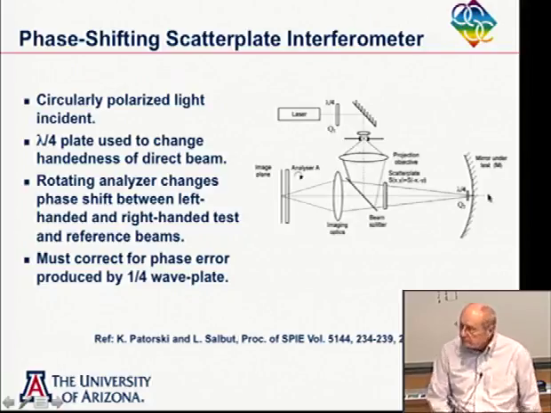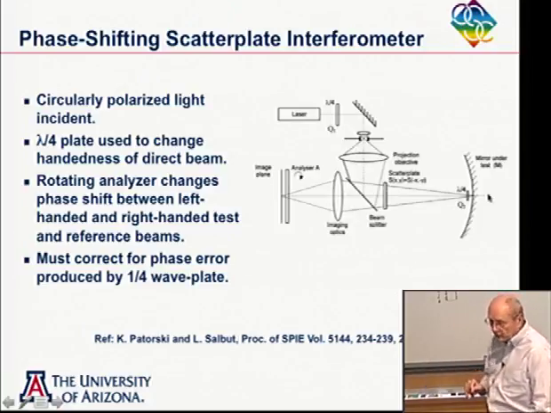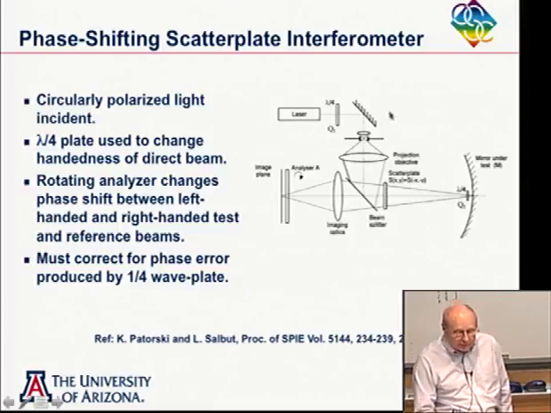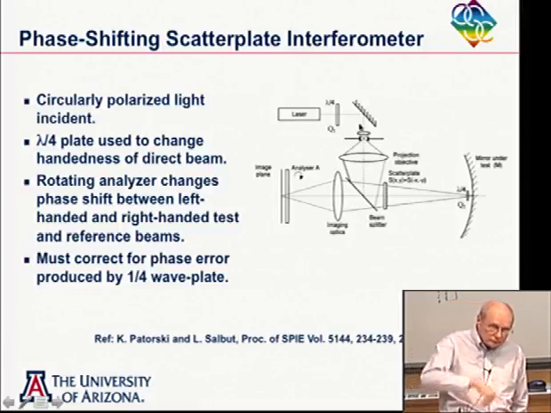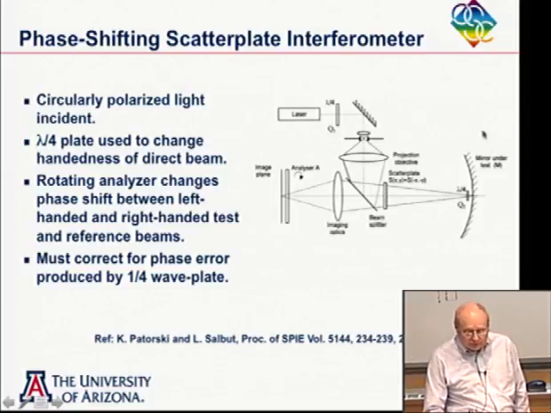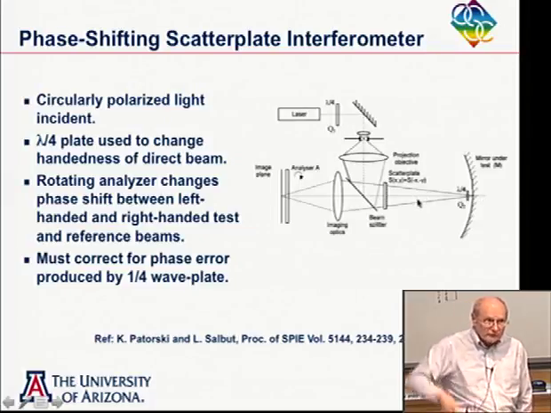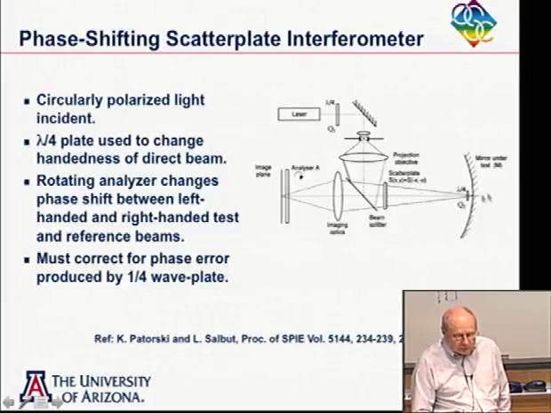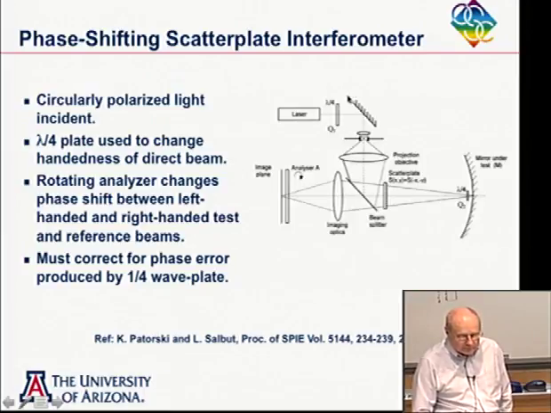The direct beam, once again, we send it through a quarter wave plate twice. And so if the light was originally right-handed circular polarization, after going through this quarter wave plate twice, it becomes left-handed circular. And so the direct scattered beam is going to be left-handed circular, while the scattered direct beam was right-handed circular.